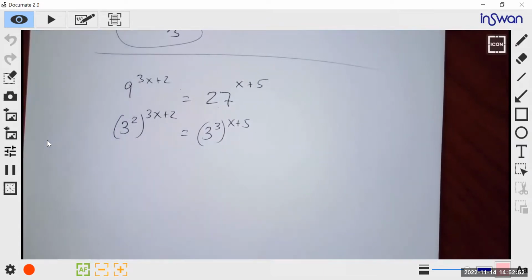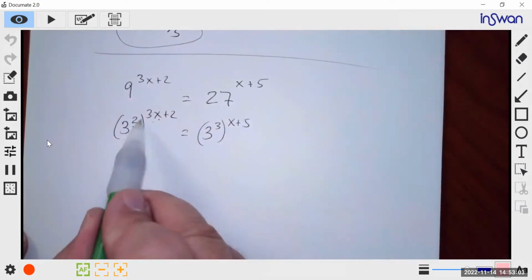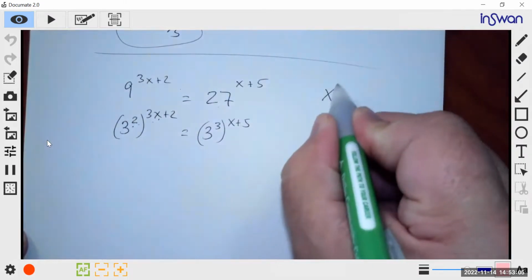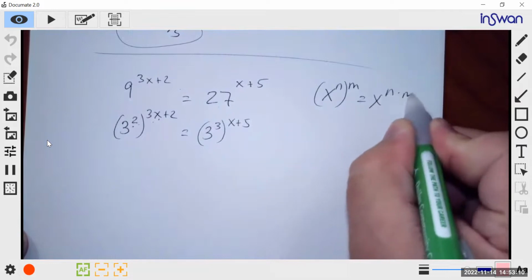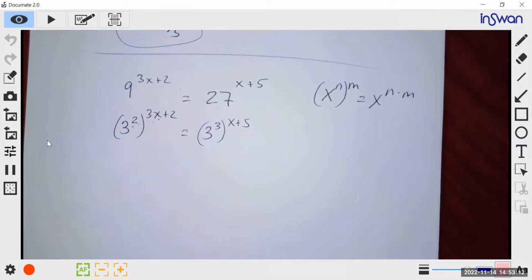Remember, all of these rules we talked about in the past are not coming into play. What do we do when we have a power to a power? You multiply them. Power to a power, you multiply.